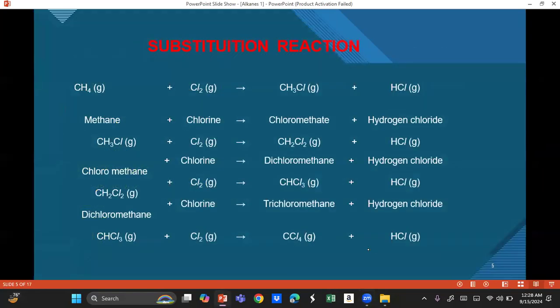If we are talking about substitution reaction of alkanes, then you see this is one of the most important reactions which is being asked in the examination. Make sure you get it easily. I will try to draw the structures as well so that you can understand properly.